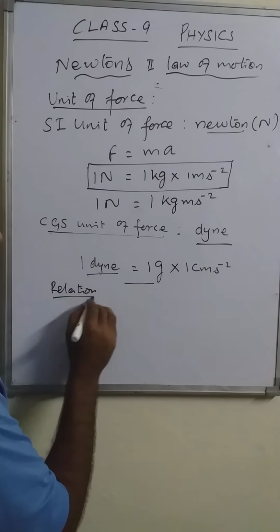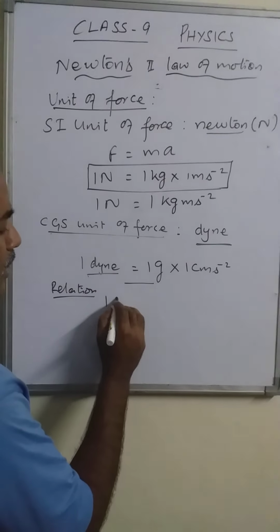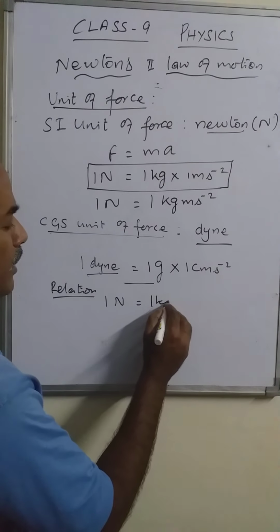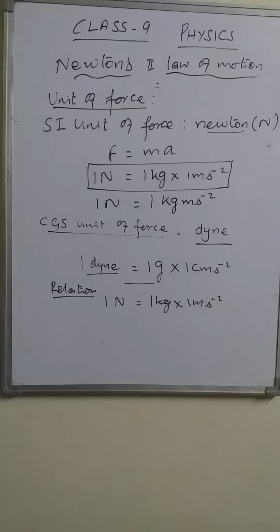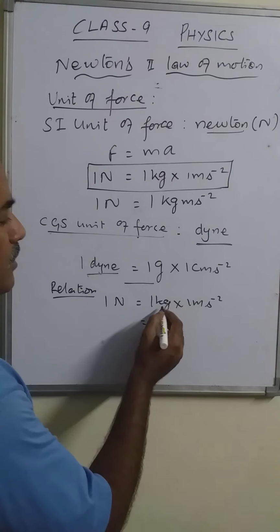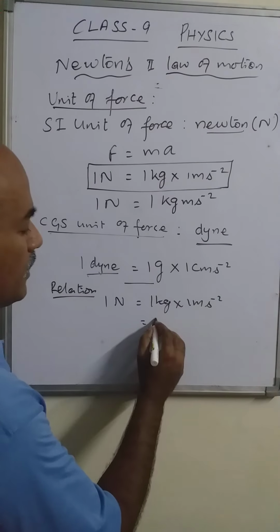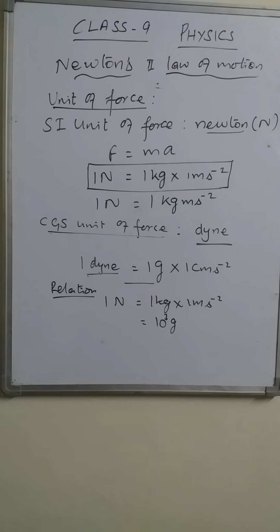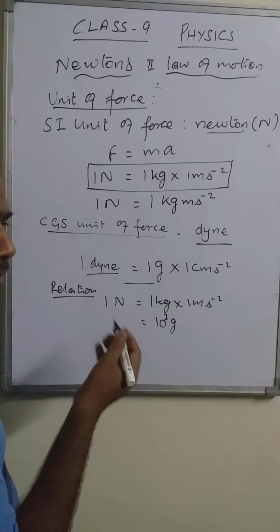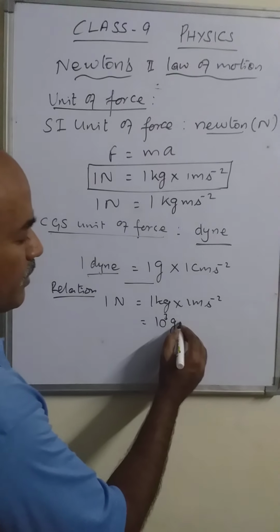Let me write 1 Newton equal to 1 kg into 1 meter per second square. If we change kg into gram, that is 10 raised to power 3 gram, because 1 kg equal to 1000 gram, written in the form of exponent, that is 10 power 3.